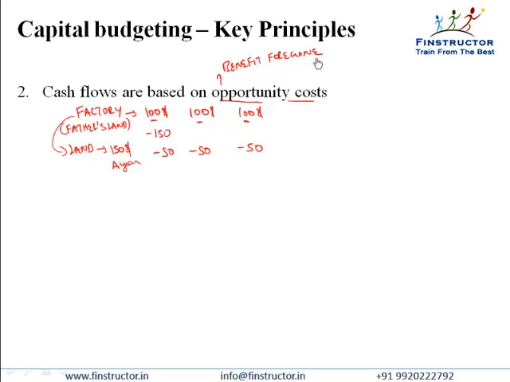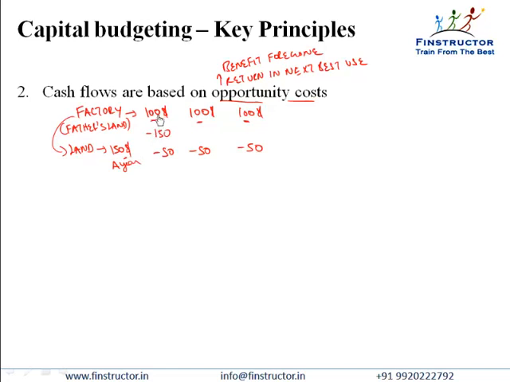It can also be denoted as the return that the investment was making in its next best use. So in the next best use, we can assume that the land would have at least got us $150.